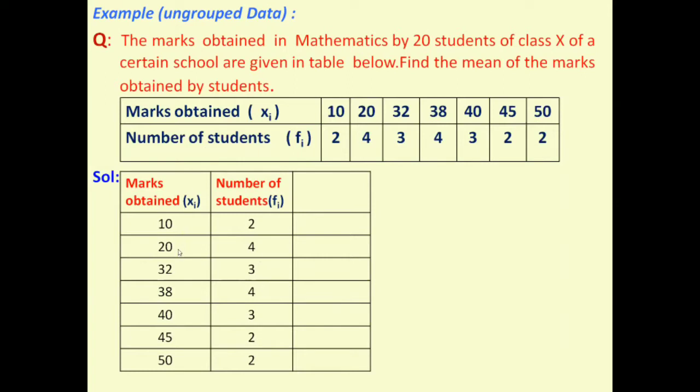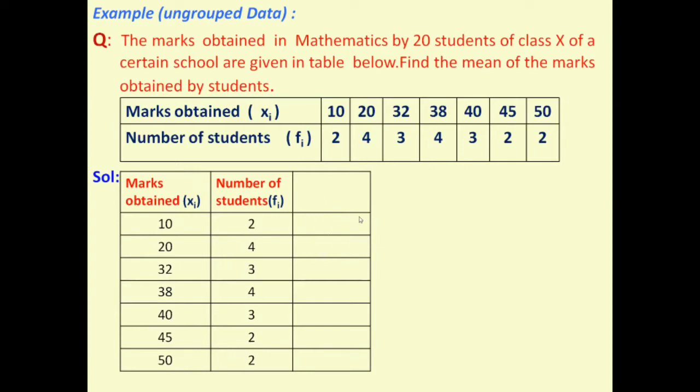The first column we call xi, and the second column we call fi. 10 marks obtained by 2 students, 20 by 4, 32 by 3, 38 by 4, 40 by 3 students, 45 by 2 students, 50 marks obtained by 2 students. What they gave in the question, we copied as it is.